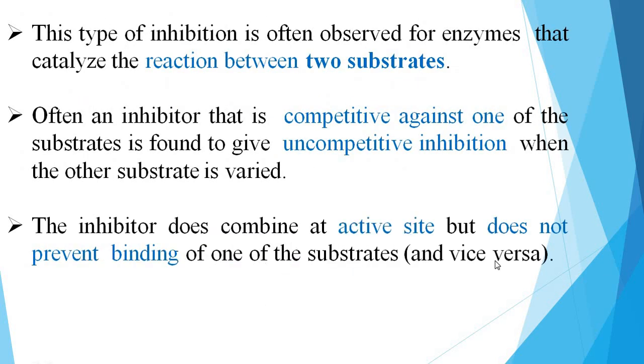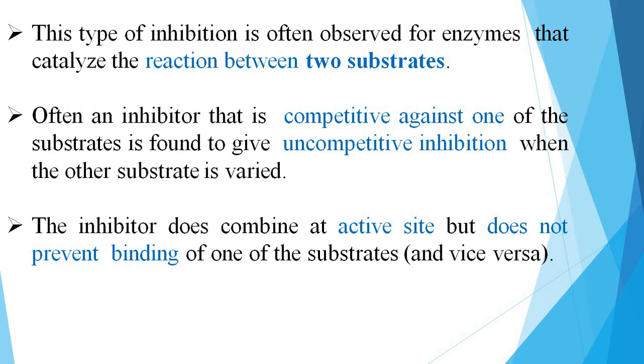This type of inhibition is often observed for the enzymes that catalyze the reaction between two substrates. Often, an inhibitor that is competitive against one of the substrates is found to give uncompetitive inhibition when the other substrate is varied. The inhibitor does combine at the active site but does not prevent binding of one of the substrates, and vice versa.